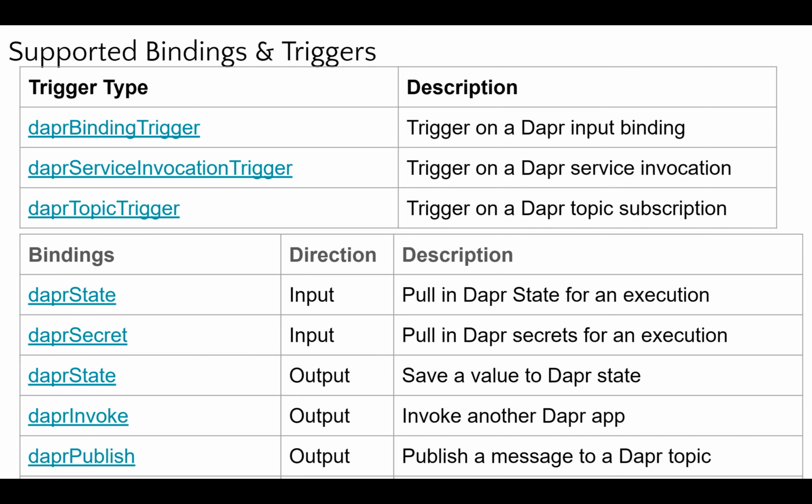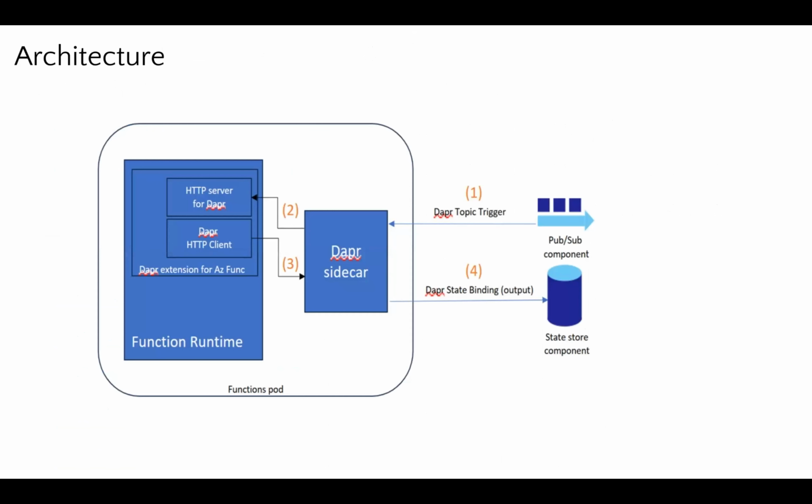In these two, we have both input and output bindings. And Dapr publish is an output binding. Dapr invoke is an output binding, primarily because it is a call from the function app going outside via Dapr. So that's why it is in the output binding category. Okay, with this, we'll move on to the next slide.